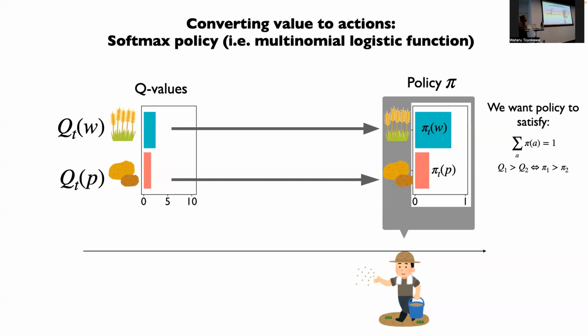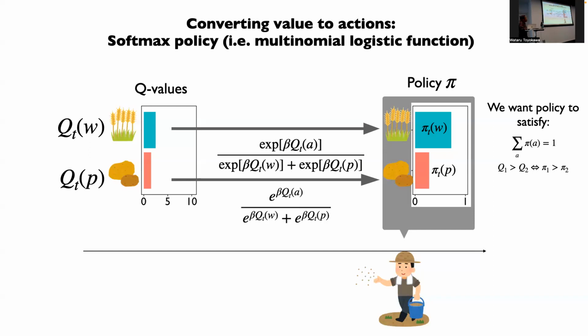We also want the policy to satisfy this relationship: if you have a larger Q value for option 1, then the choice probability for option 1 is larger than that for option 2. A commonly used formula to satisfy these requirements is this one.